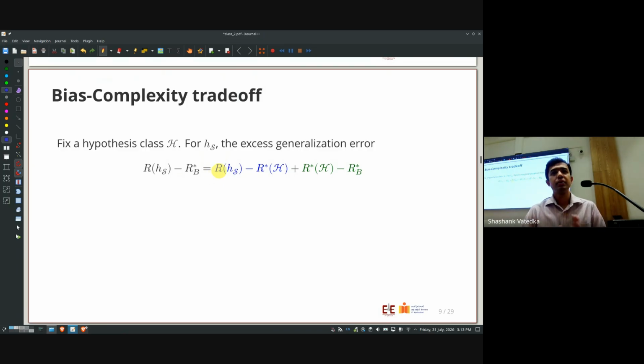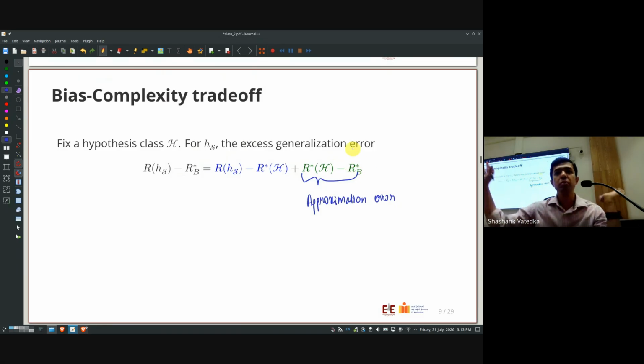I've added and subtracted this for a very specific reason. If you look at this particular quantity, this is what we call the approximation error. This is the difference between the best possible predictor within H and the best possible predictor among all possible functions.